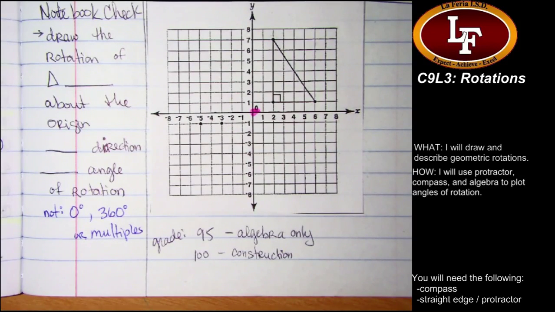If you're struggling on the construction, this is a good time to get that little bit of extra practice. You can run the algebra, you know for sure you're going to get the 95, and then you can run the construction on top of it. Since you've done the algebra, you should end up on the exact same figure that the algebra told you it should be.